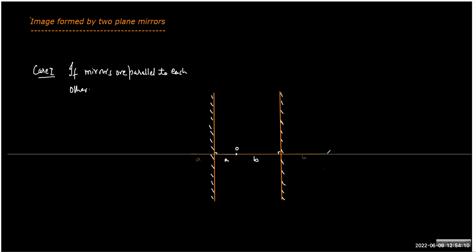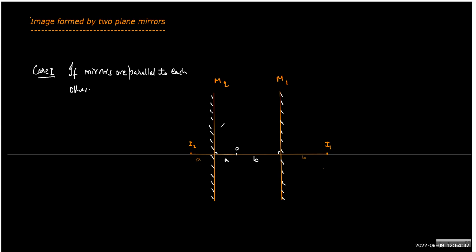So this point is called image number 1, the image formed by the first mirror. And this will be the image formed by the second mirror. These are the first images formed by each mirror.